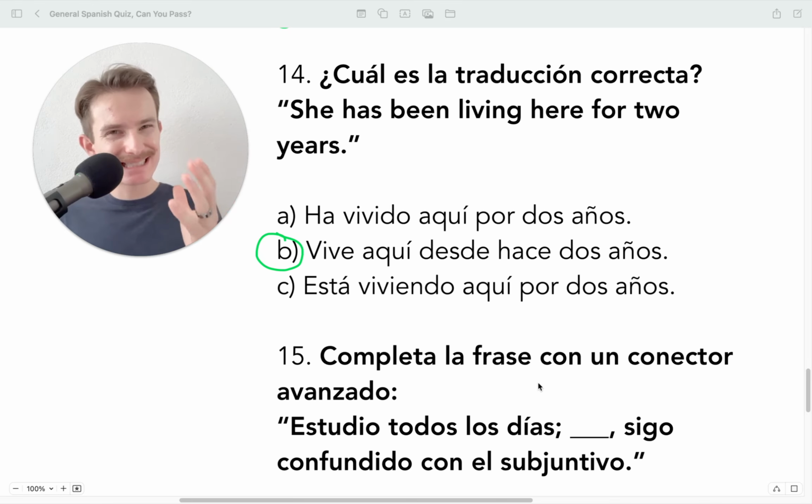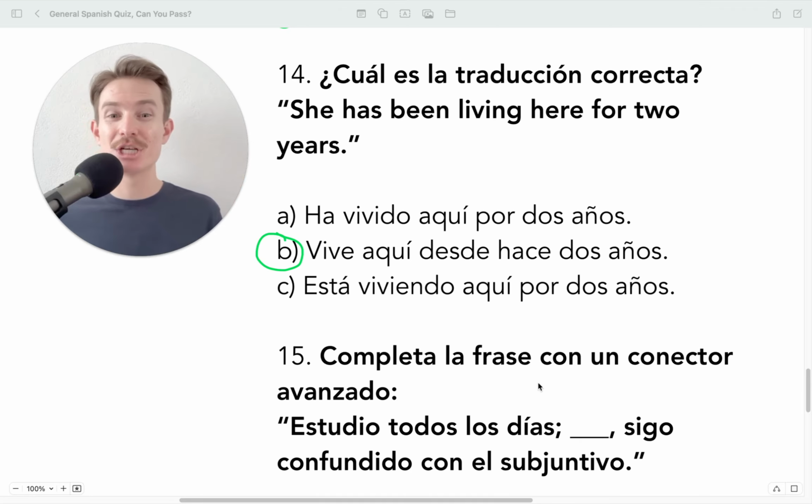When we say something like that with regards to time, we're actually going to use this present tense, and then we're going to use a word like desde or hace. So, vive aquí hace 2 años would also work, or desde hace. She has lived here since 2 years ago, or she has been living here for 2 years. For C, está viviendo aquí por 2 años, she is living here for 2 years, but it sounds a bit odd.